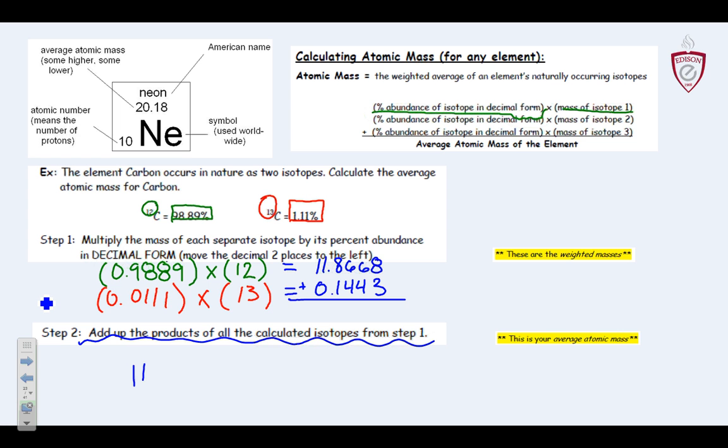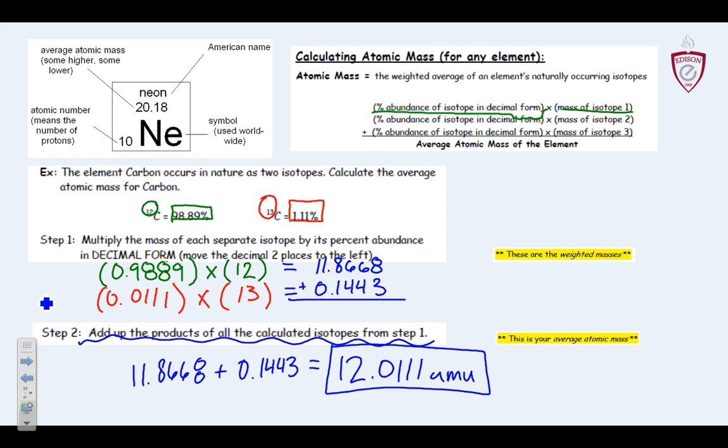I'm going to do it down here: 11.8668 plus 0.1443 equals, what do we get, Mr. Milks? 12.0111, and we want to put the units on there, amu, atomic mass units. And this is your overall average atomic mass for these two particular isotopes of carbon.